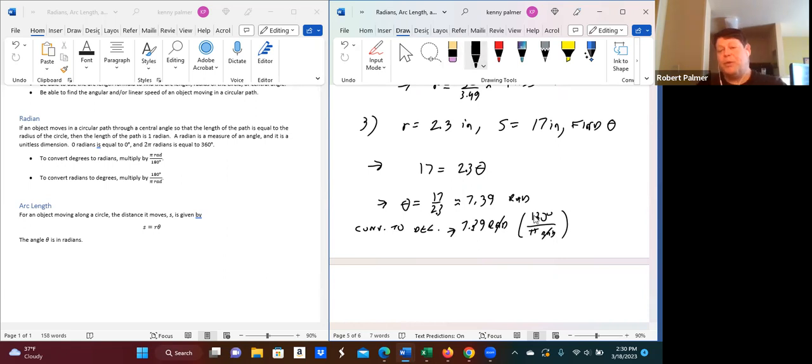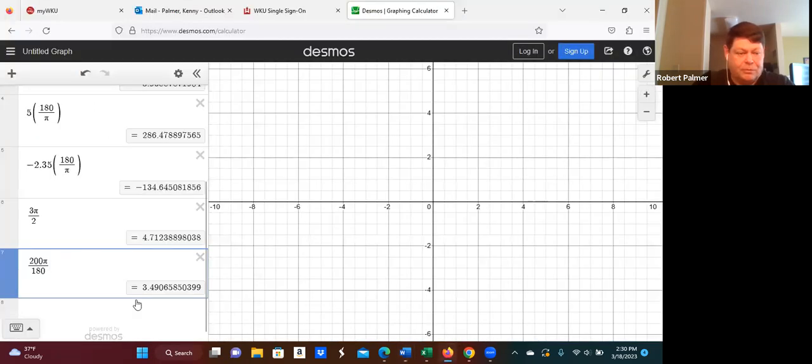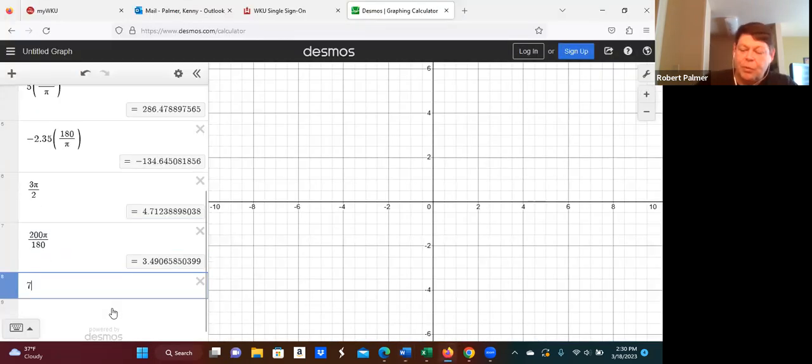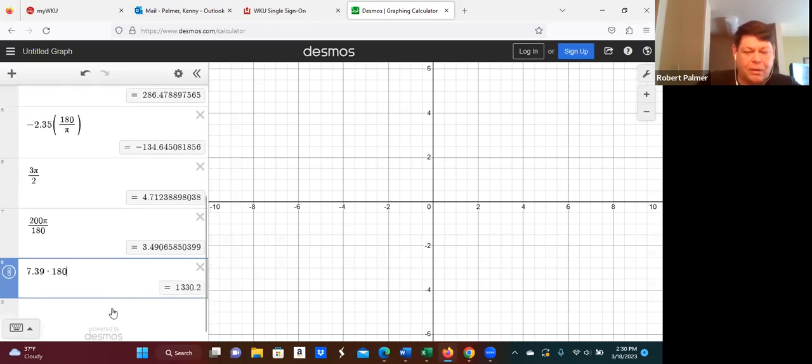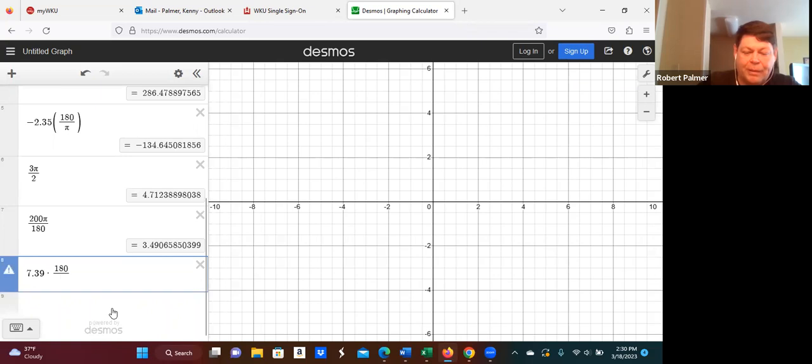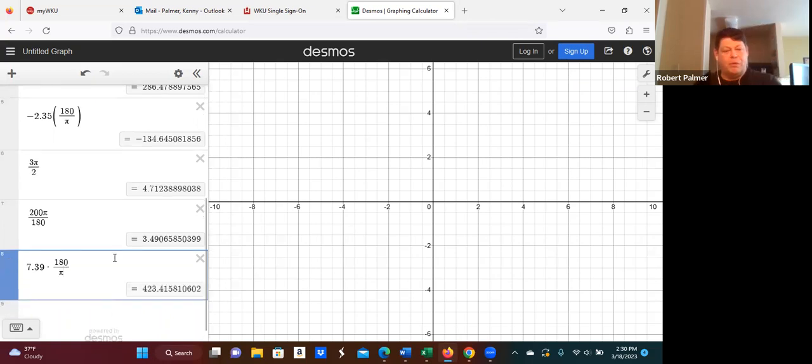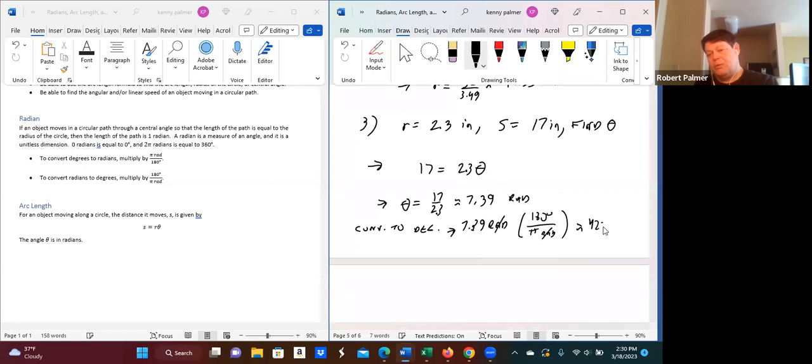So 7.39 times 180 divided by pi, and that's 423.42, to 2 places. Approximately 423.42 degrees. So more than one trip around the circle.